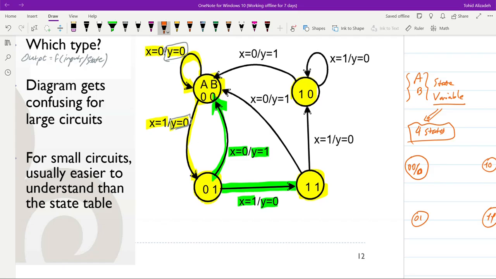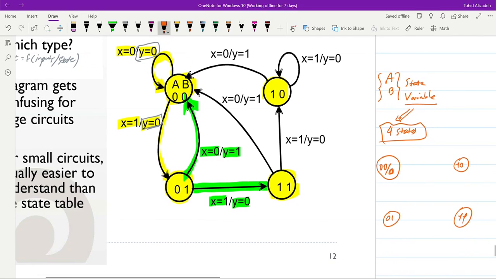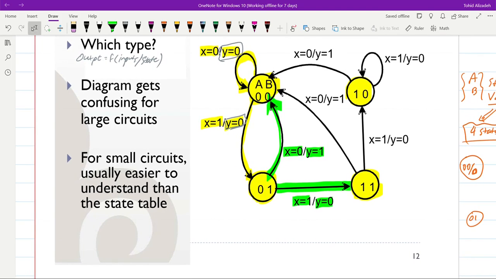It means that for this state, we always have the output equal to 0, but that's the case only for this state. For the other 3 states, it's not the case. If we have a large circuit, the diagram may become confusing and not that useful, but for small circuits, it's an easier way to analyze or to start to design a sequential circuit.